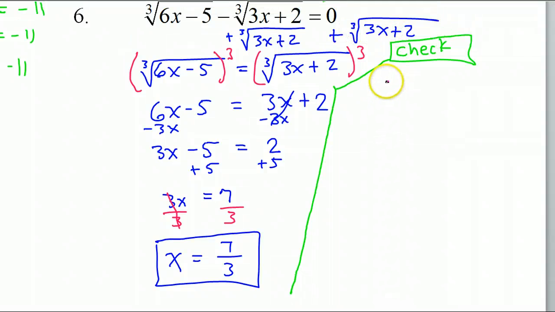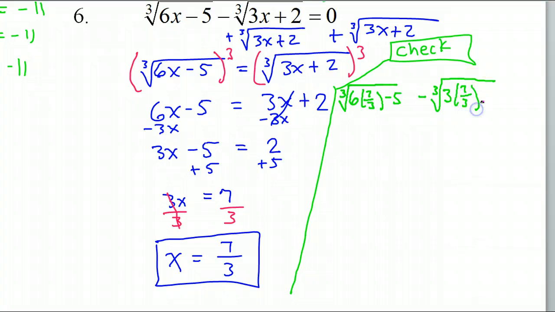Going back to the original equation, we have the cube root of 6 times 7 over 3 minus 5, minus the cube root of 3 times 7 over 3 plus 2, and that's supposed to equal 0.